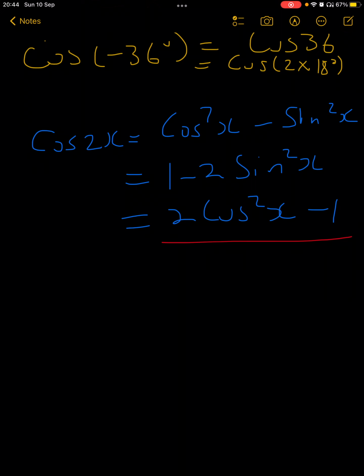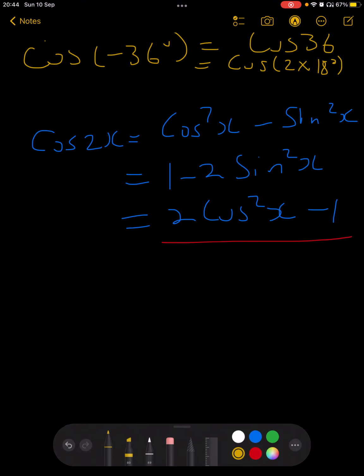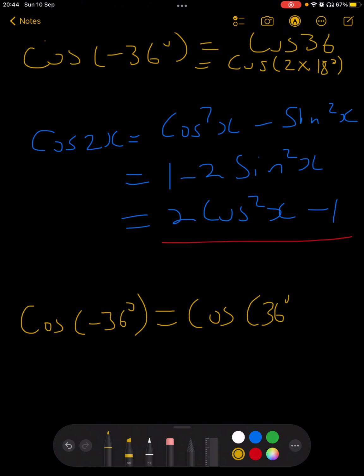Our cos of negative 36 is cos 36, because it falls in the same quadrant where negative angles are, and that's the home of cos. So it is cos of 2 times 18, which is 2 times x, meaning the double angle here.